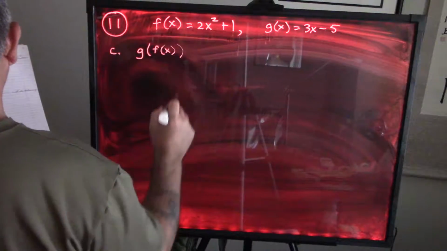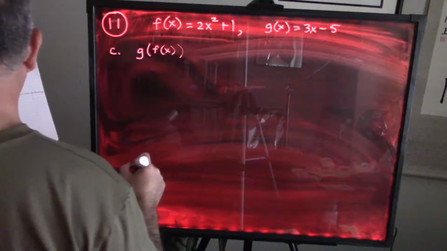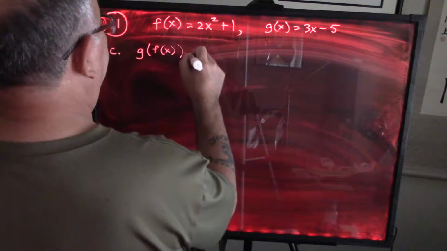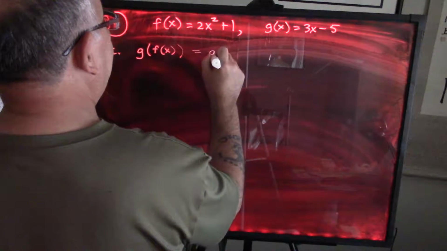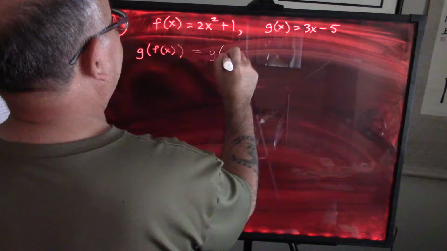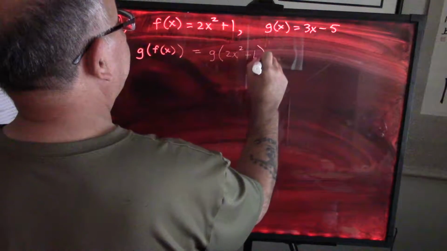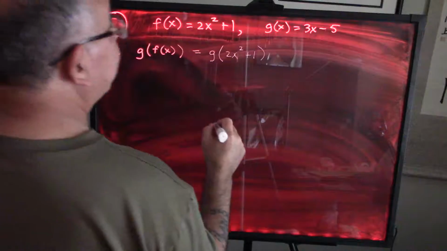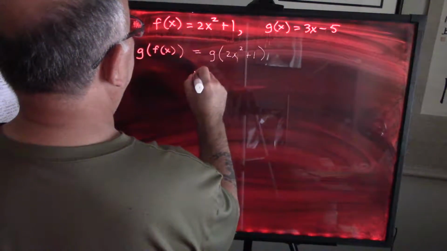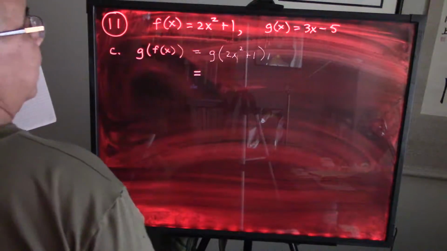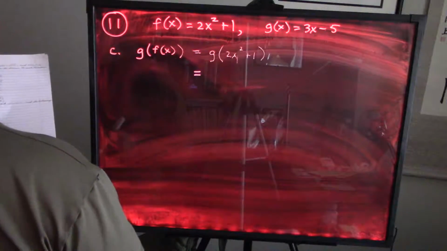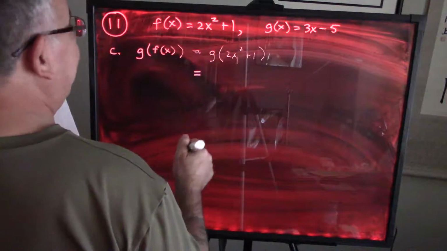So part B was f composed with g, and now part C is g composed with f. So this is g of 2x squared plus 1. Here's g of f of x. Hope you can see that. The Windex is messing it up a little bit.